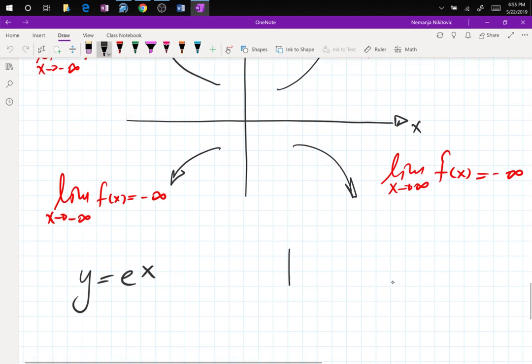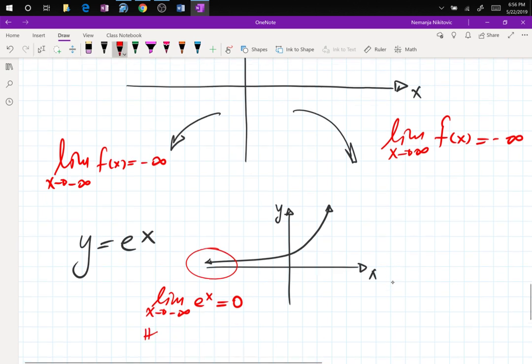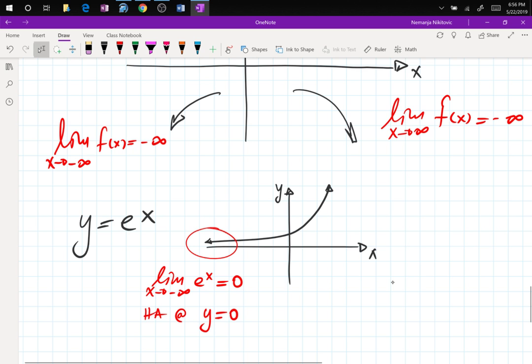So when you draw e to the x, here on the red side, we have the limit as x goes to negative infinity of e to the x, and that's 0. So that's the horizontal asymptote at y equals 0, as you go to the left, to negative infinity.